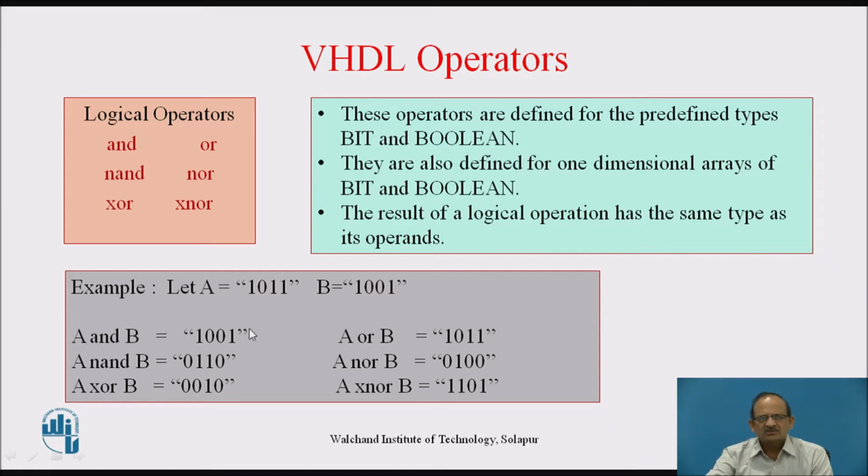So, A AND B gives you 1001. Similarly, A OR B will give you 1011. A NAND B will give you 0110. A NOR B gives you 0100. A XOR B gives you 0010 and A XNOR B gives you 1101. So, in all these cases these operators work bitwise and give you a result.